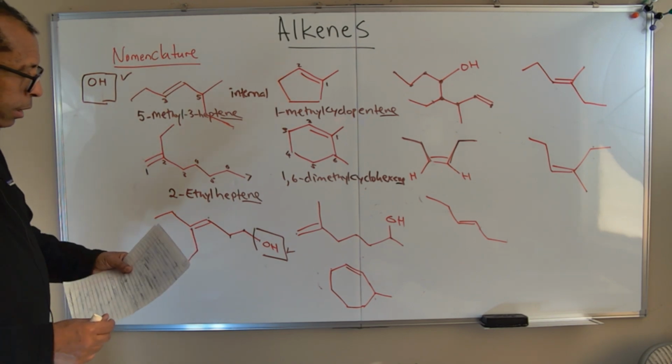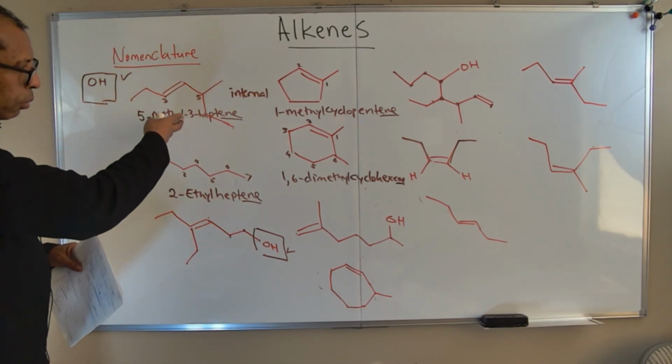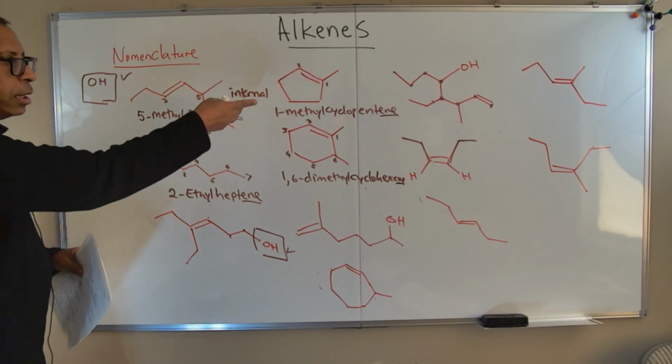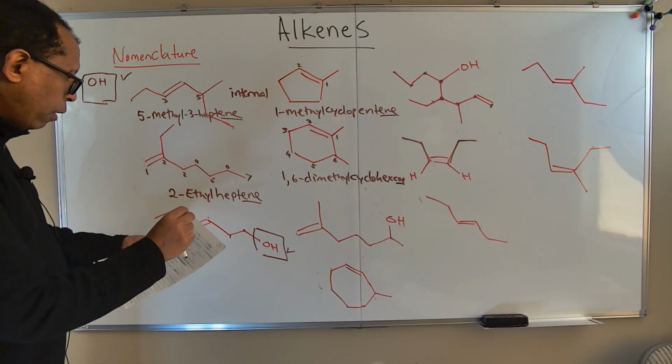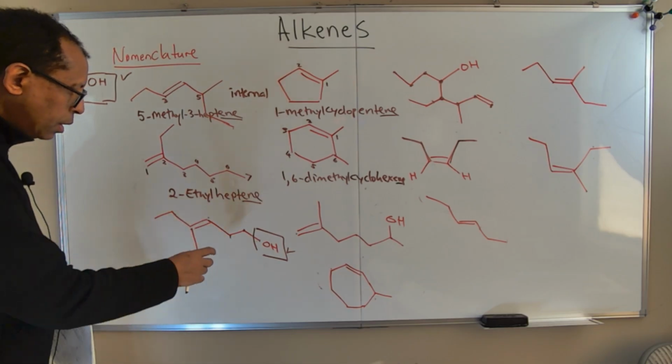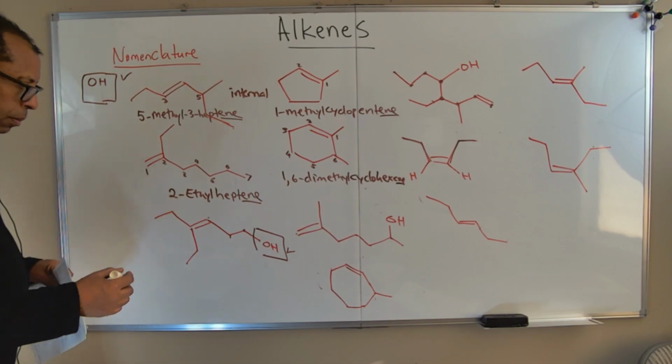Okay, so it's hex. So the naming here is not straightforward like heptene, hexene, and so on. We have a slightly different way of naming this. So this is a 1-ol position. Ol is for alcohol.